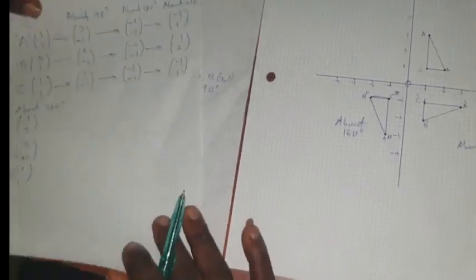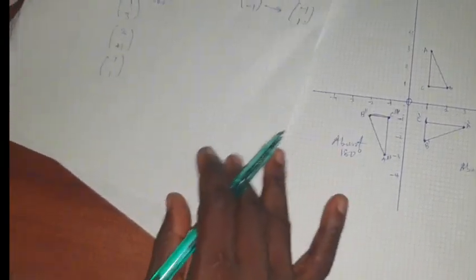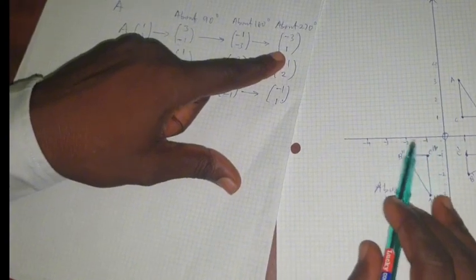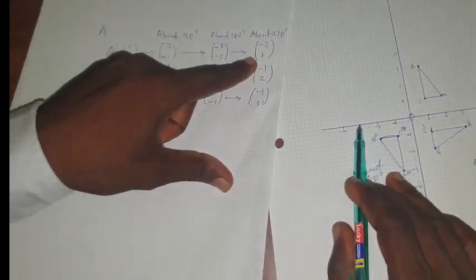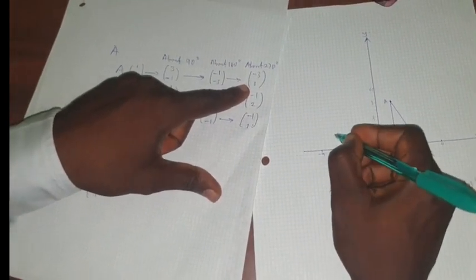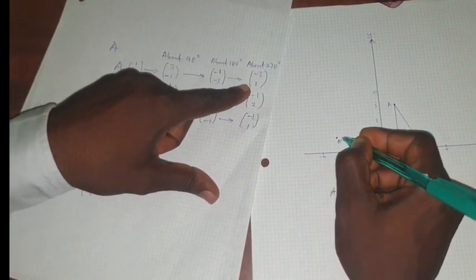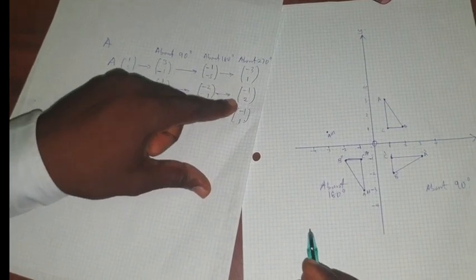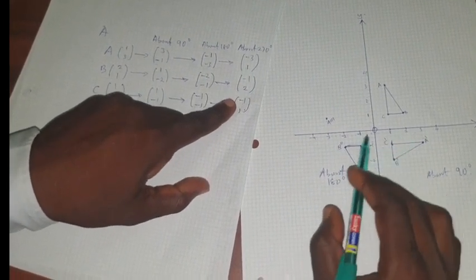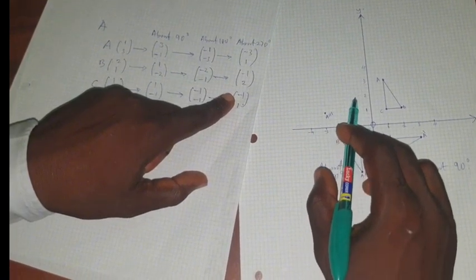Then the 270 degrees. So 270 degrees is minus 3, 1, minus 3 on x-axis and 1 on y-axis. So this is A prime prime prime. Then B prime prime prime, minus 1, 2, minus 1 on x-axis, 2 on y-axis.